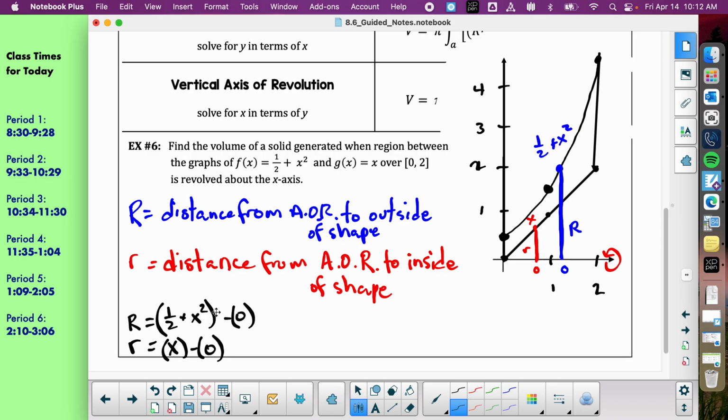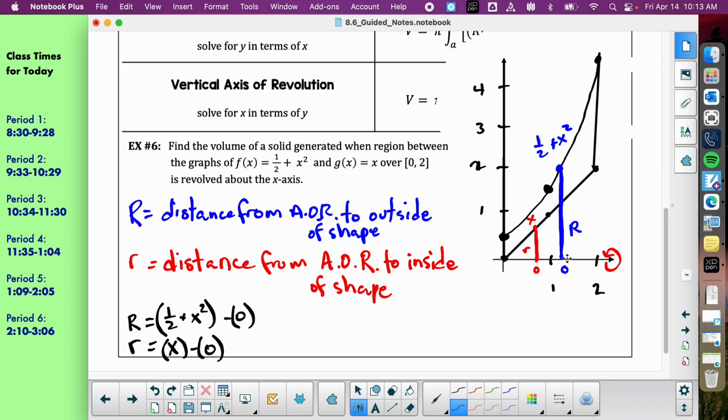And I always write it as top minus bottom because our top and bottoms can easily change later. So next section, we're going to start revolving around an axis that's not the x or y axis, it's just wherever. And so then that kind of changes things.